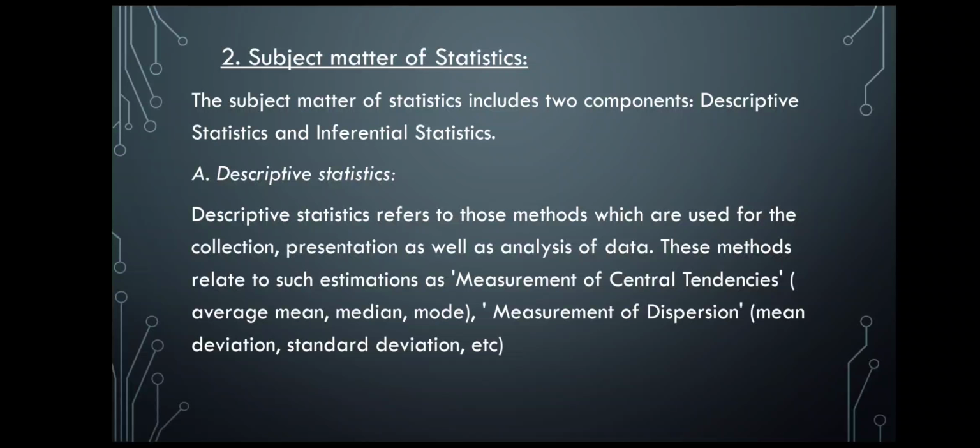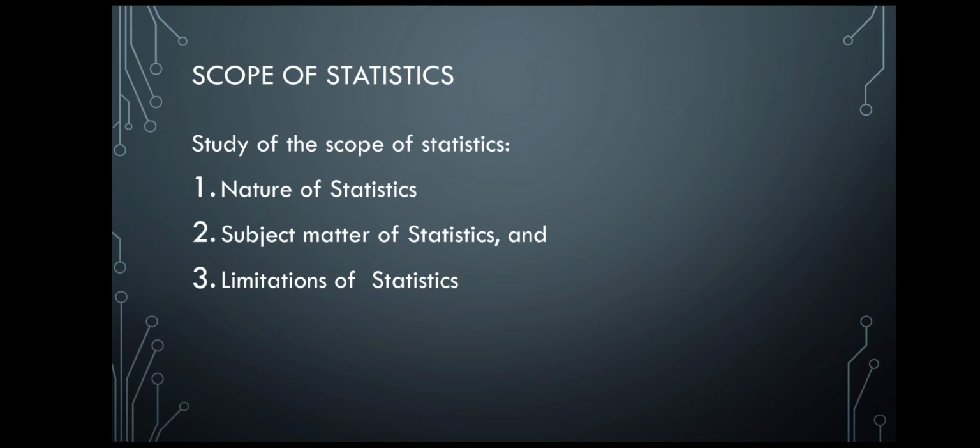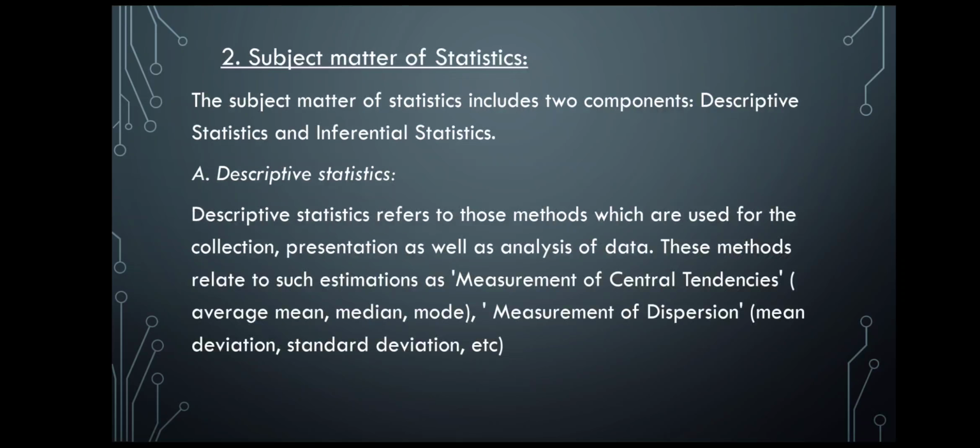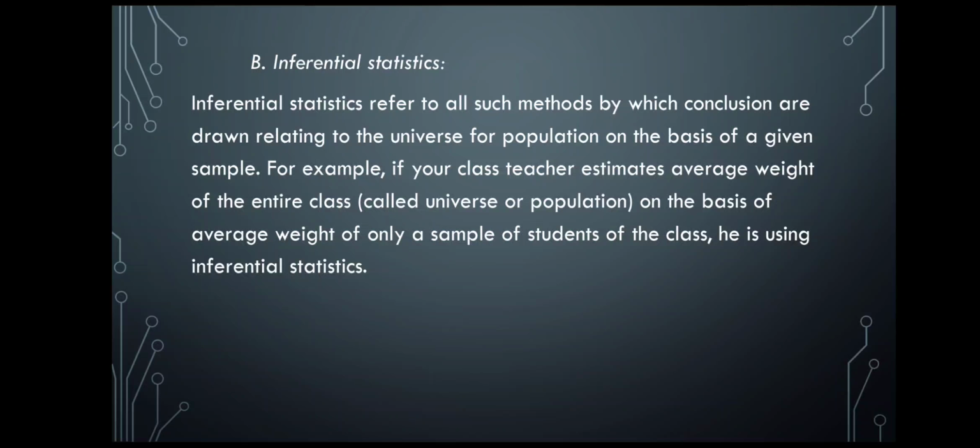What we just now saw in statistical tools, that refers to your descriptive statistics. The second one is inferential statistics. Inferential statistics refers to all such methods by which conclusions are drawn relating to the universe or population on the basis of a given sample.